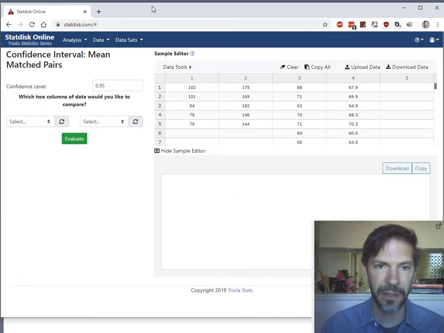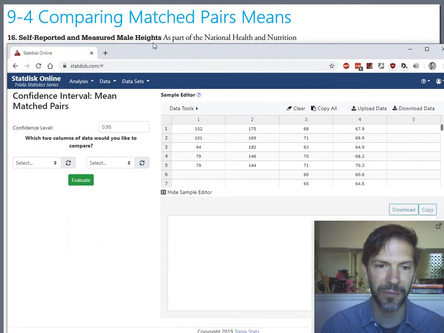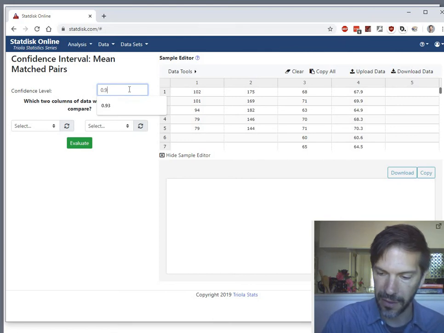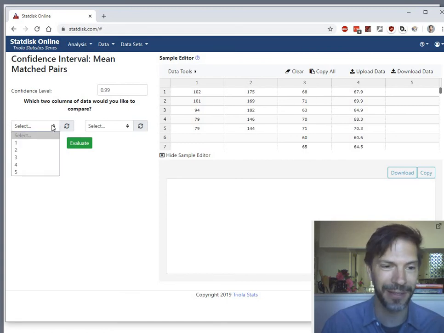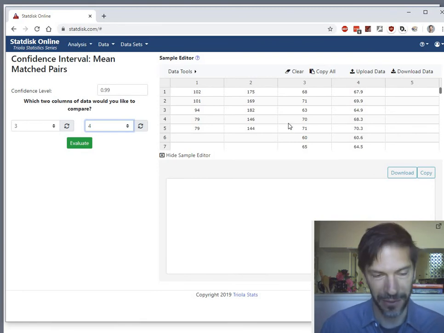And the confidence level, we forgot to check that, 99% confidence interval. It just asks which two columns would you like to compare, and I happen to have this data typed into 3 and 4 already. So I want column 3 versus column 4. You will spend a little time on your homework tonight doing data entry, but it doesn't take forever. It just feels like it takes forever.